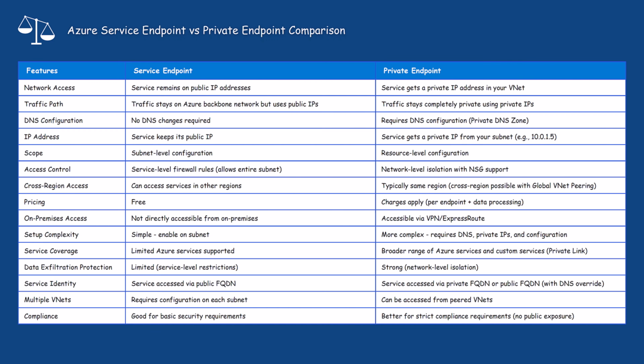One of the features that I would like to discuss here is the pricing, which is free for service endpoint, but for private endpoints, you will be charged per endpoint and data processing. Also, in the video, we saw that setting up the service endpoint is simpler than private endpoint because with the private endpoint, we will require more services and configuration to maintain.